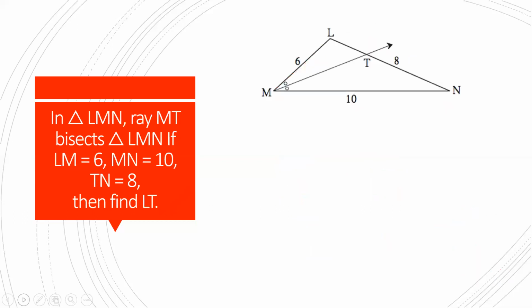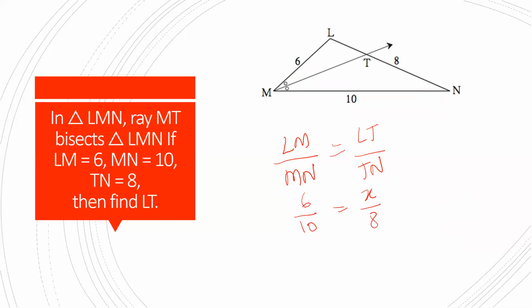In the next sum here, we've got LM as 6, MN as 10, TN as 8. Again, let's go with first the big sides, the non-bisector sides. That's LM upon MN is equal to LT upon TN. This gives us 6 upon 10, which is equal to X upon 8. For simplicity, I'll reduce this down right now.